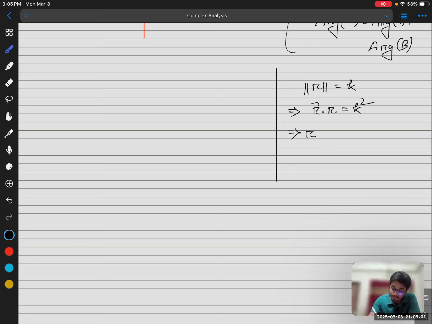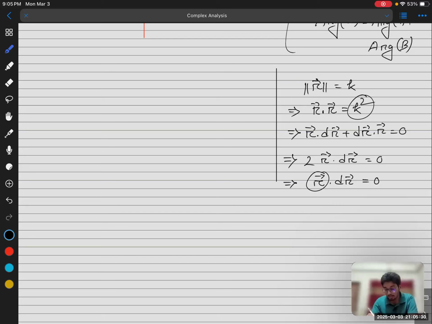All these things are vectors and k is a scalar. So r dot dr plus dr dot r, as k is a constant, after differentiating it will be 0. So this will be 2 r dot dr is equal to 0. And from here we can say that r dot dr is equal to 0.